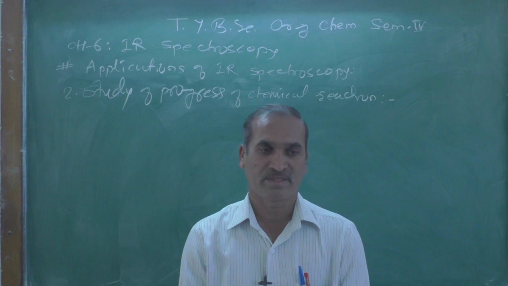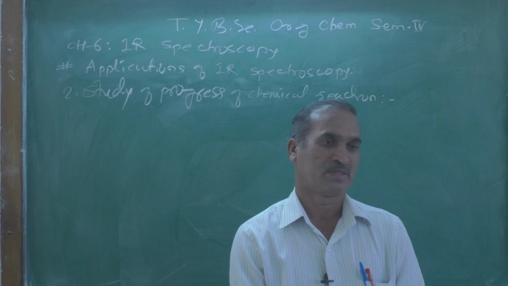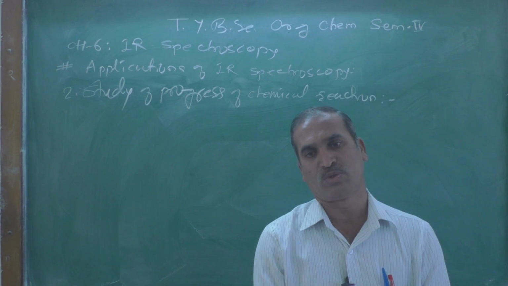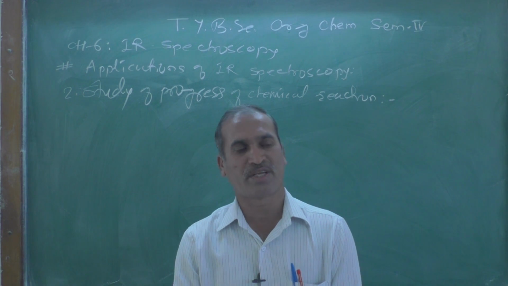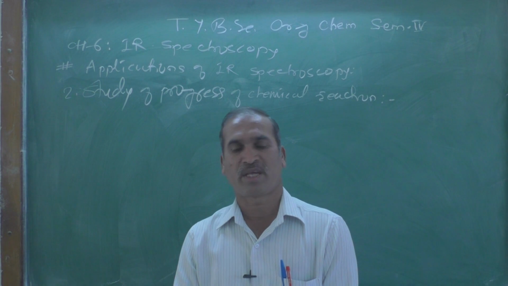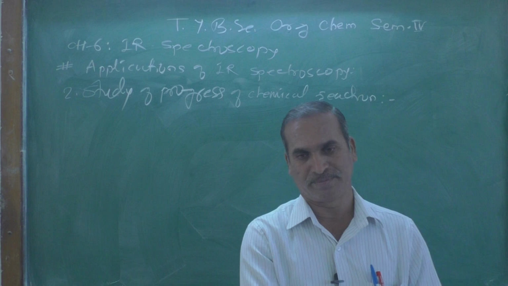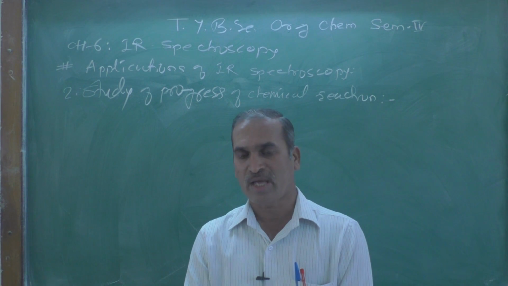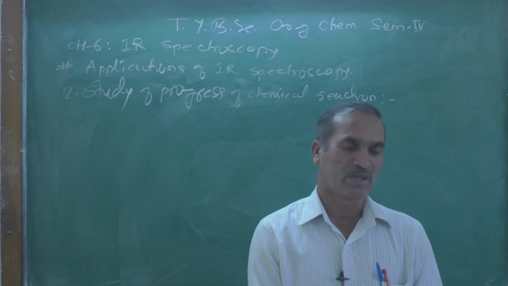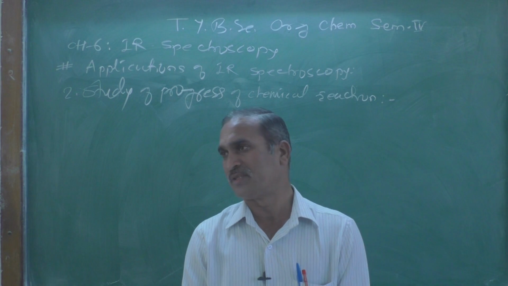But if there is an RDS, a rate determining step, the reaction rate is very slow, and if the reaction rate is slower, then we can easily measure how much time is taken for the completion of a given chemical reaction.